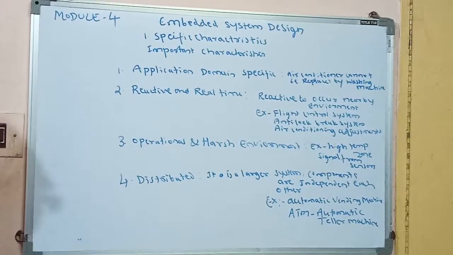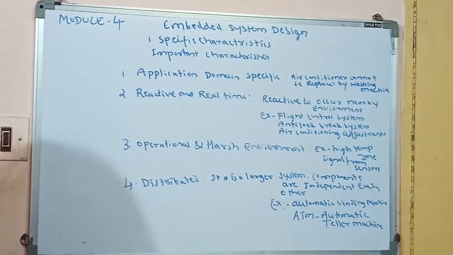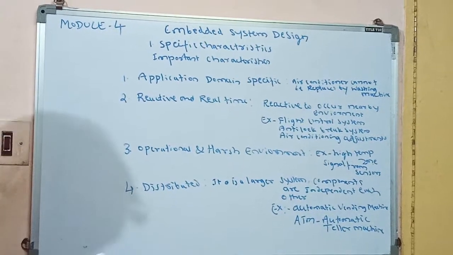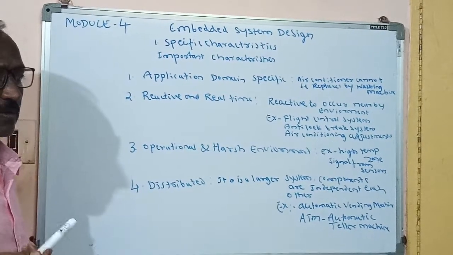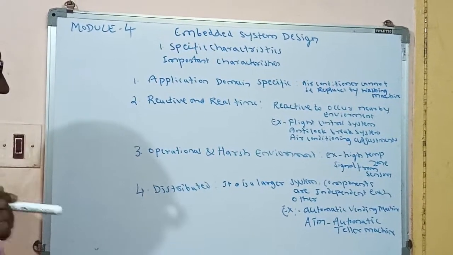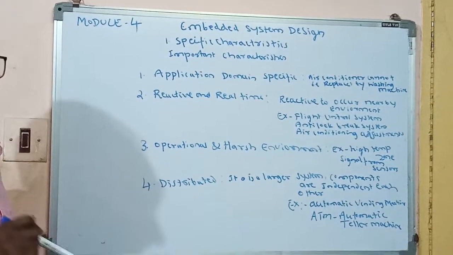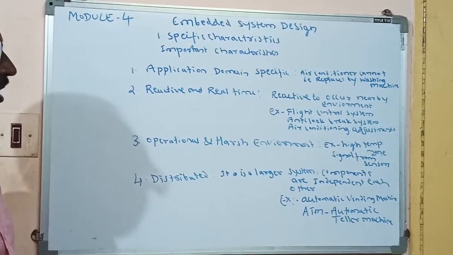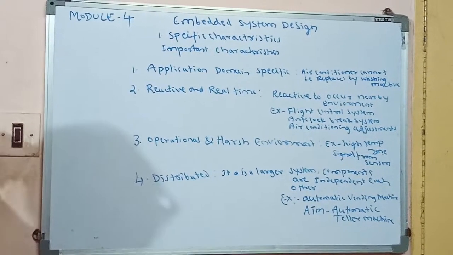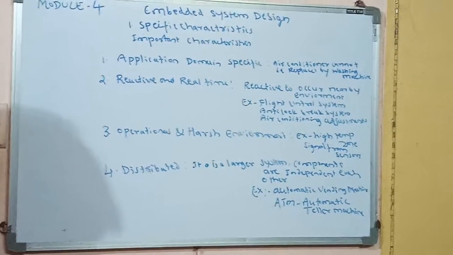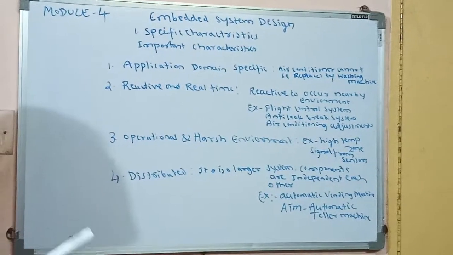It is totally related to the specific application. For example, in the day-to-day market, you will observe several electronic goods which are related to embedded systems or microcontroller based systems. That is useful for specific applications. So many toys are there, washing machines are there.